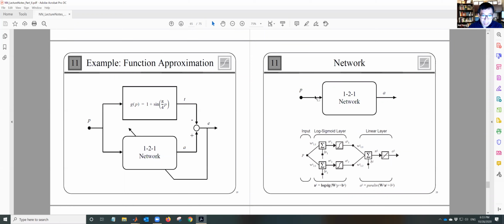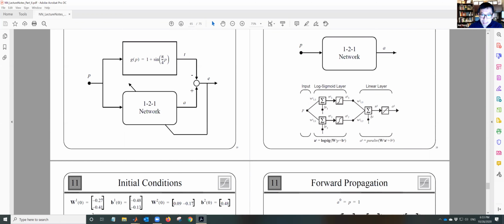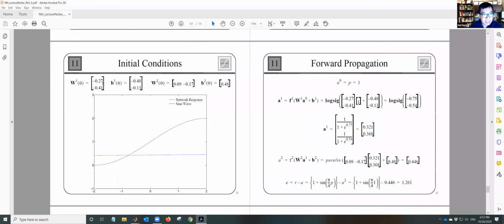So from P, you get an A, and this is the neural network. Then how do we use backpropagation to fine-tune our W and B? This is the initial condition, W and B. This line is the network response, but this is the real data, and you couldn't approximate it with this set of parameters.